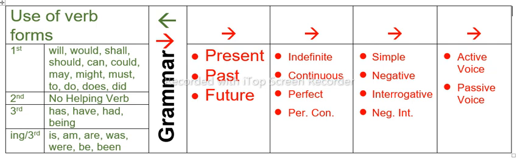Now, third form of verb. Has, have, had, being. These four words give an indication that we should use the third form of verb, only and only the third form. Maybe no form of verb, no verb you use, not first, not second, not third. So maybe you can say, I have a house, he has a book. These are very simple sentences.